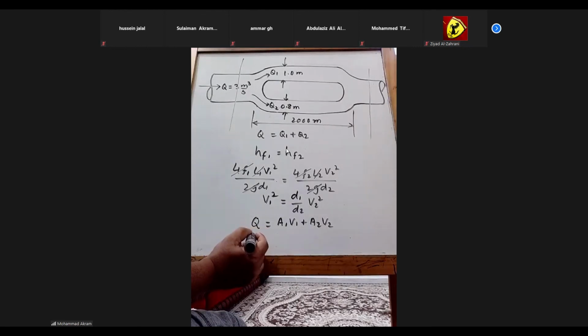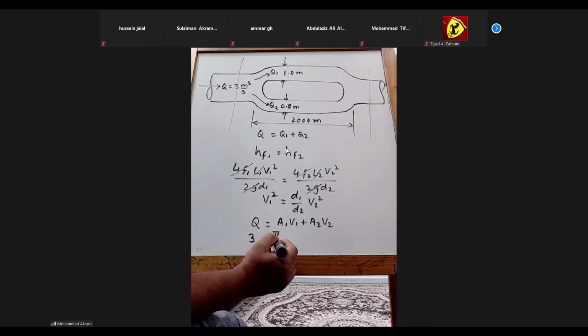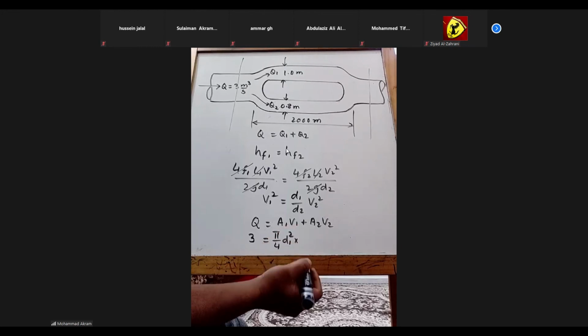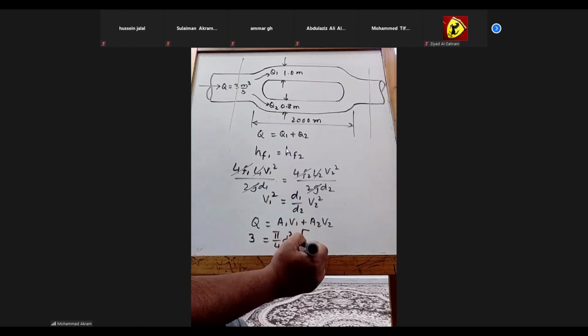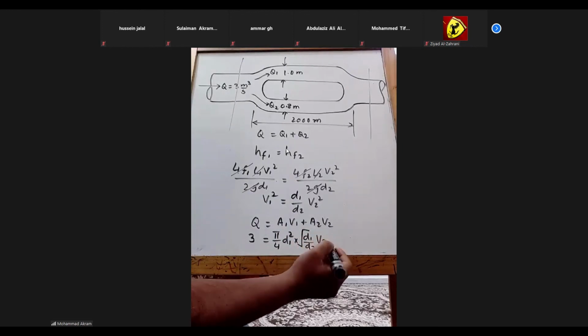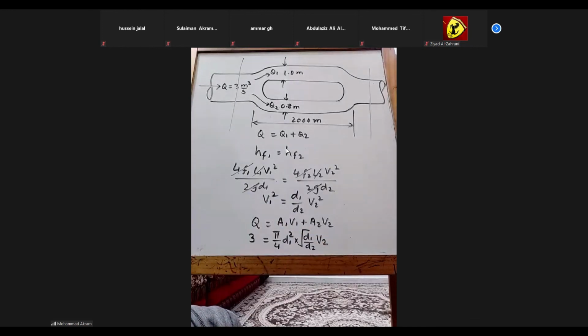What is Q? 3 meter cube per second. A1 is pi by 4 D1 square into what is V1? V1 is the square root of D2 by D1 into V2. Am I right? Yes.